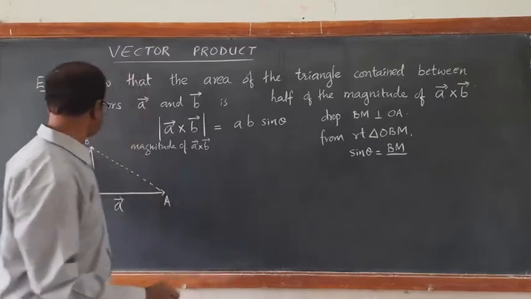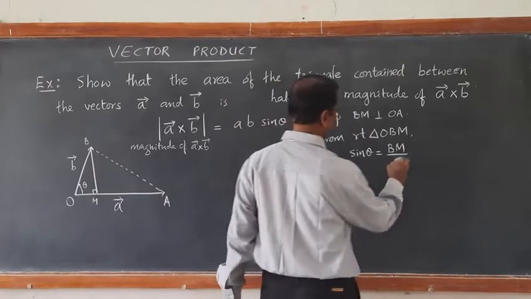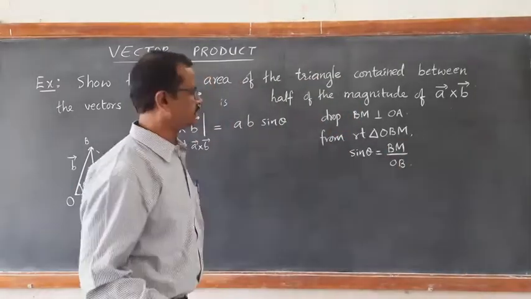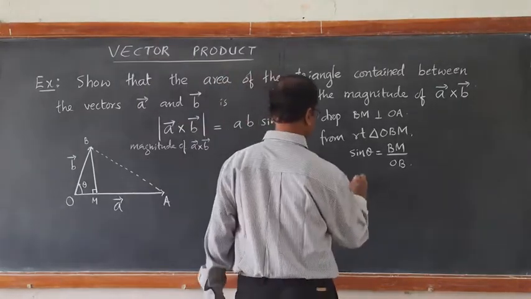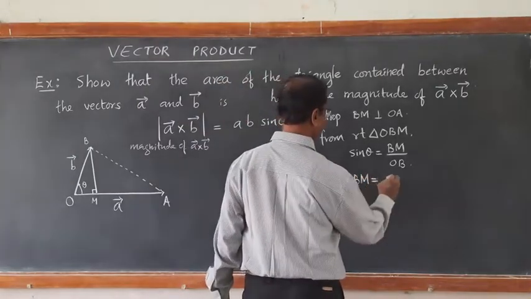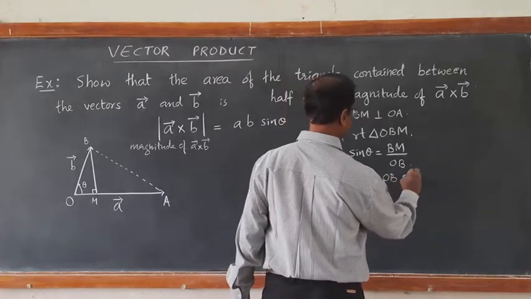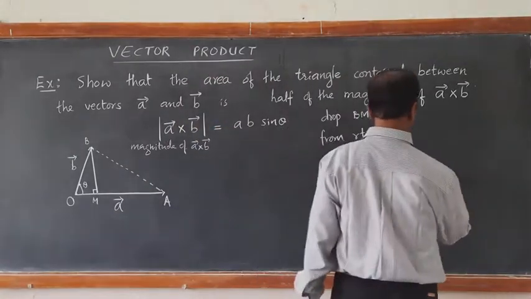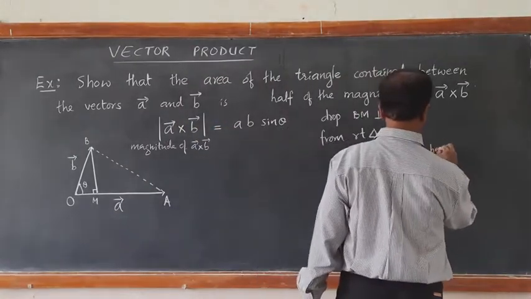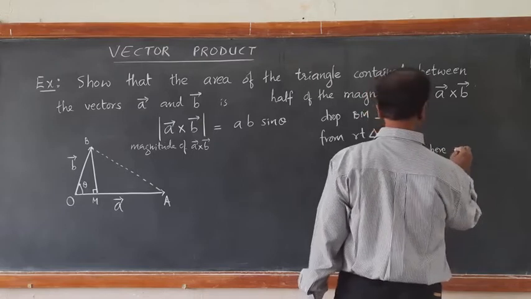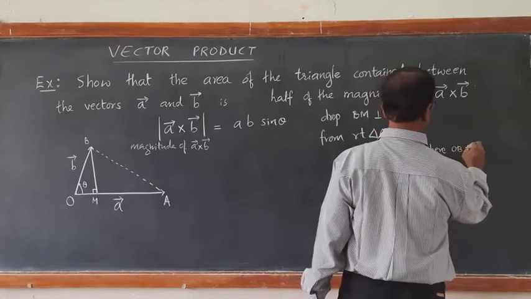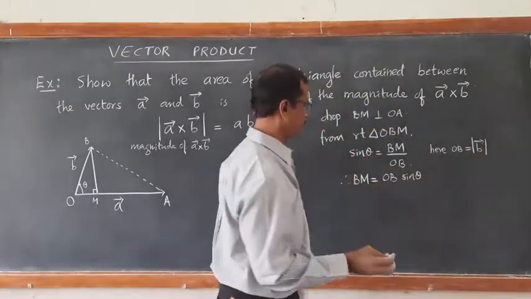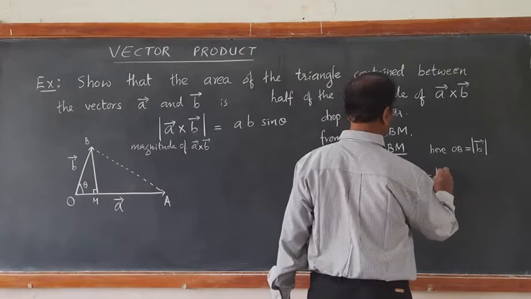Hypotenuse for this OBM is OB. OB is the magnitude of vector B. Therefore, the height BM becomes equal to OB sin theta, where OB is the magnitude of B, which can be written as B itself. So I can write this as small b sin theta.